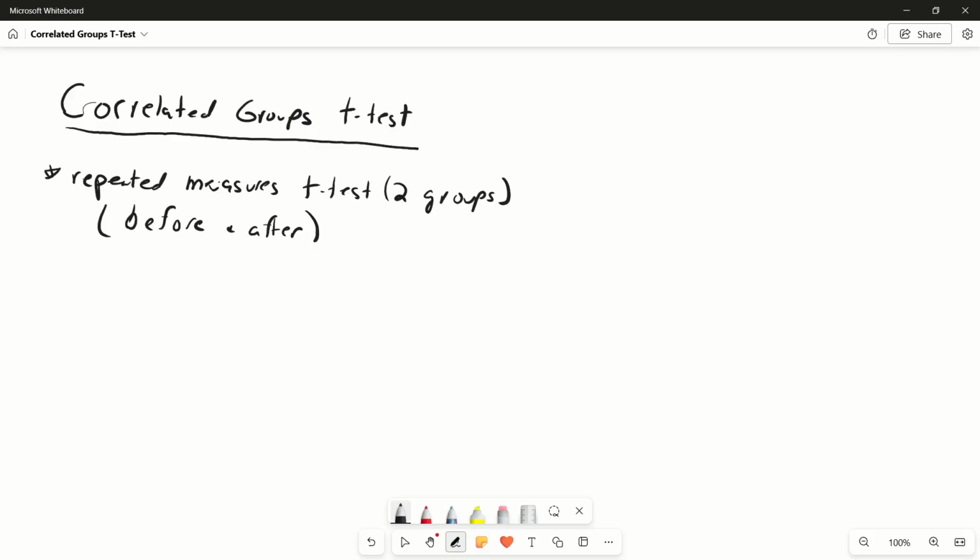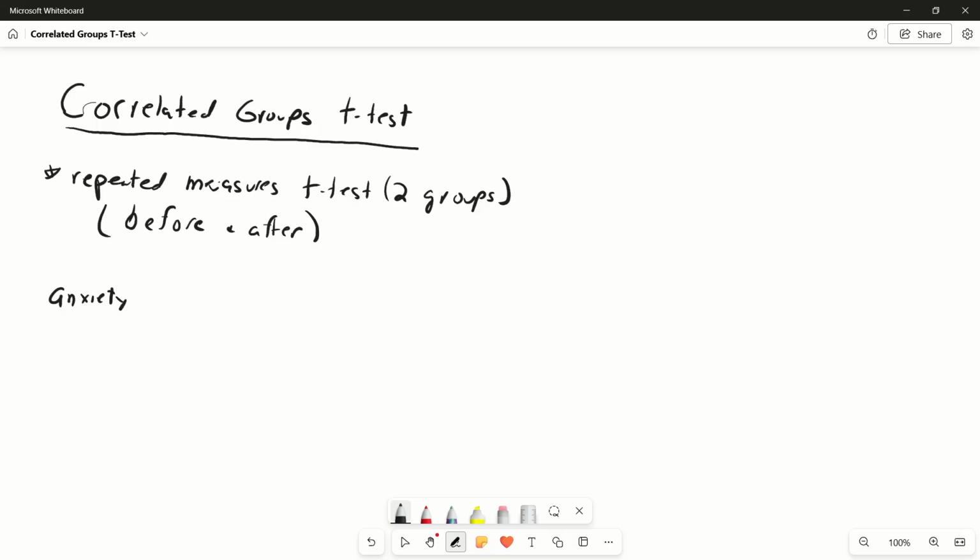So you do the before, then you do the intervention, and then you measure the after. And you determine if the intervention affects the scores, right? So this person scored a certain amount at the beginning, then you did some intervention. I've done this correlated groups t-test frequently, where I give an intervention like meditation training, and then we look at scores of anxiety and depression before meditation training, and then after.